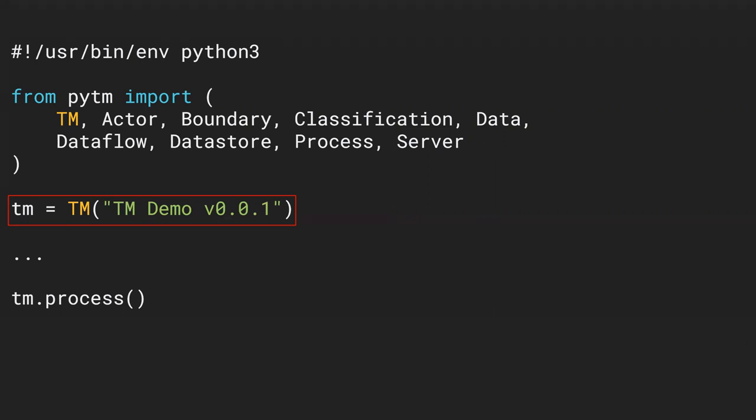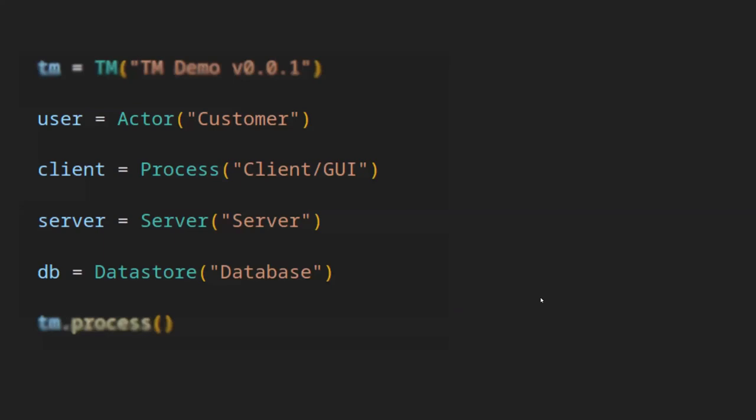Where we see the ellipsis is where we're going to put our system, our elements. And at the end of the definition, we're going to call tm.process. What that does is it picks up the command line arguments and does what we're asking there using the model that we just defined. Next one, Matt.